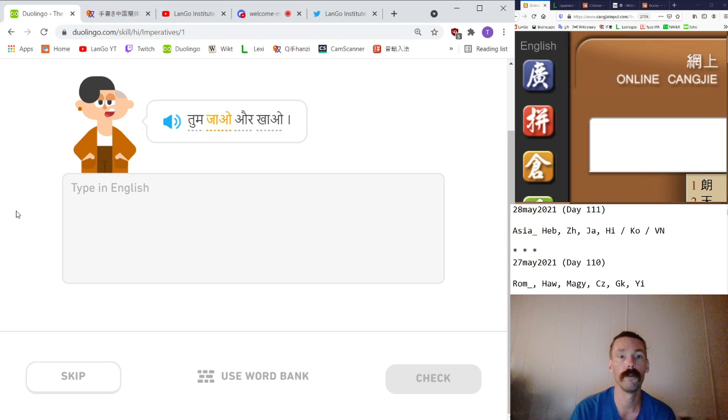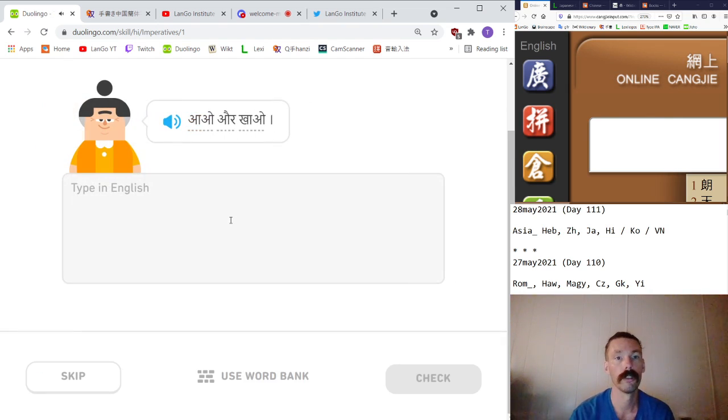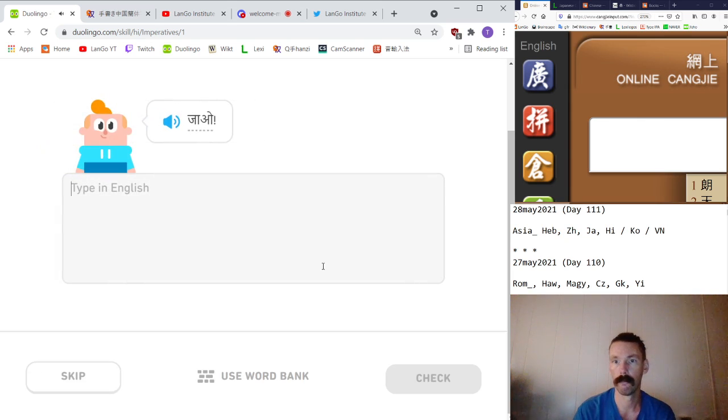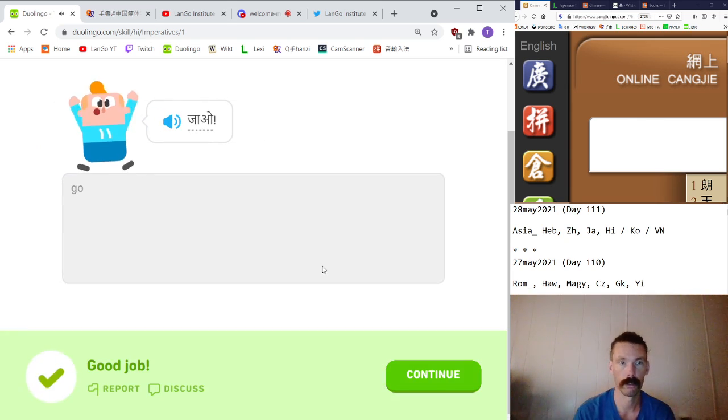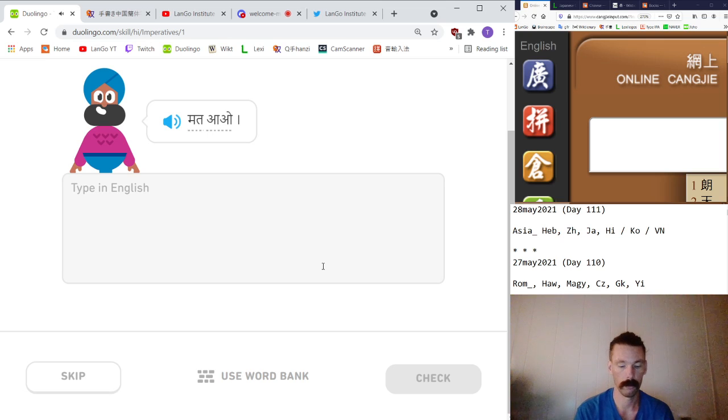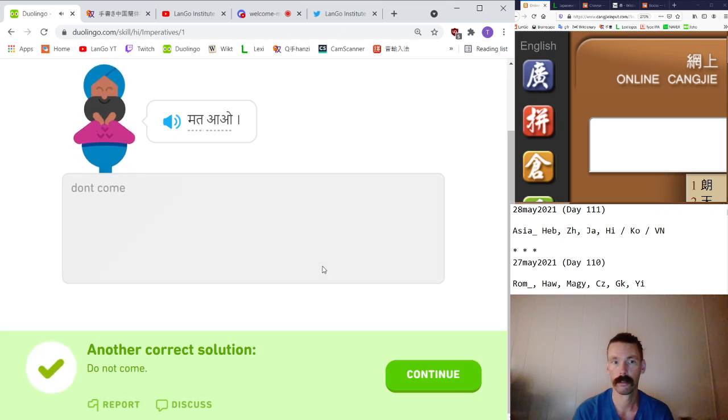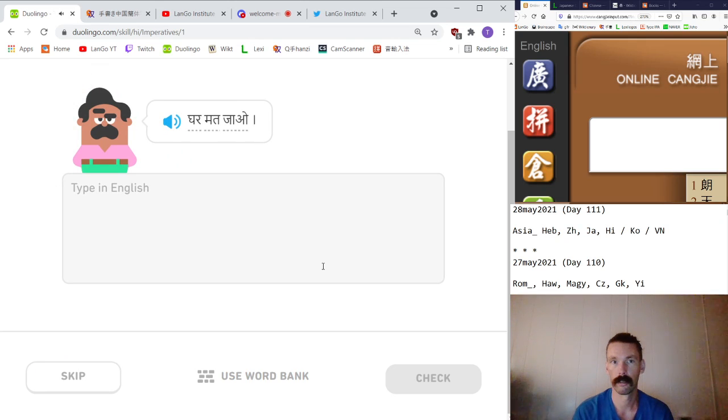Here's another one. Tum jao or khao. Oh, two in the same one. You go and eat. आओ और खाओ. Ao or khao. Ao. Come. जाओ. Jao. मत आओ. Mat ao. Come and eat. घर मत जाओ. You come and eat.